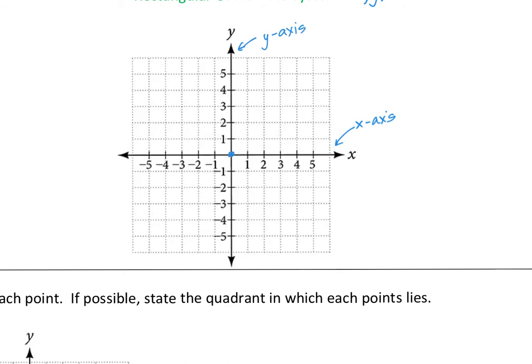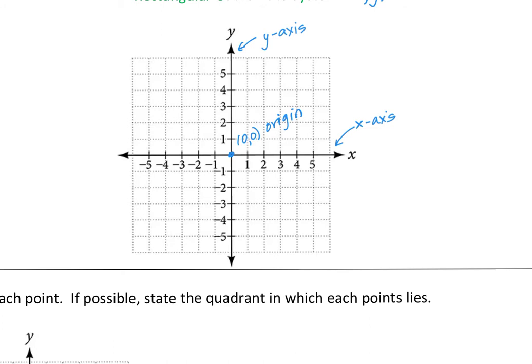Where they cross is the point 0, 0, so the x value is 0, the y value is 0, and that is what we call our origin. When we graph, we always go in the direction of x first, which would be a horizontal direction, and then the vertical direction y. Our graph is split up into 4 pieces, which we call quadrants.